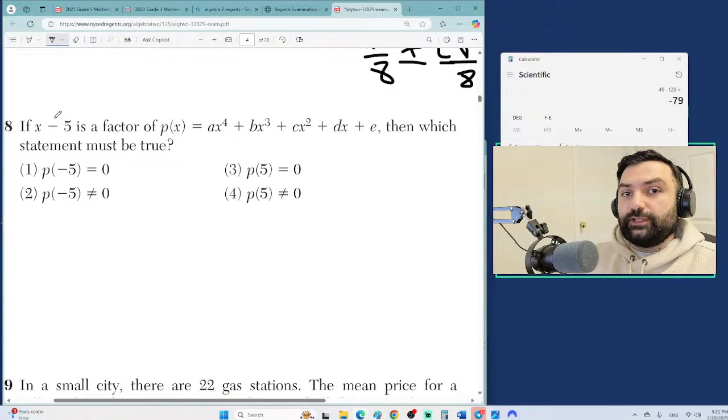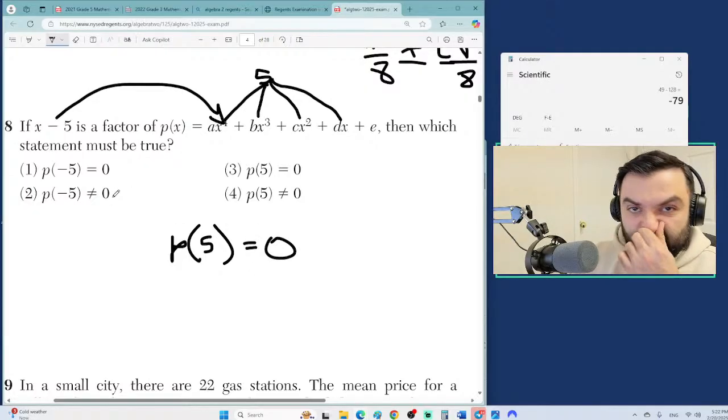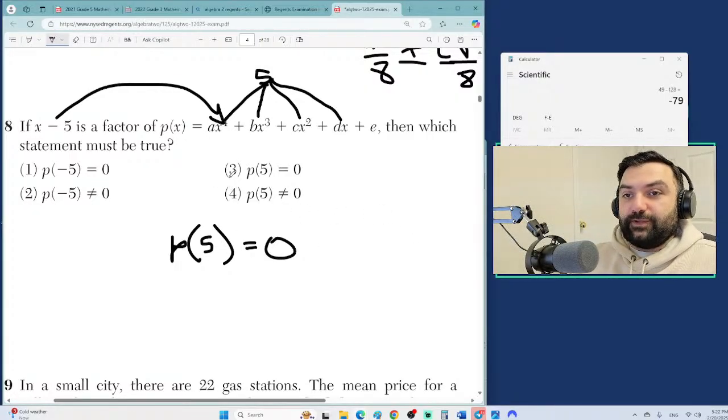It must be true that if you plug positive 5 into every x, the answer is 0. That's how it works. So that means p of 5, which means I plug in 5 for every x, equals 0, because it's a factor. If it's not a factor, then it's not equal to 0. But in this case, it is. It's a straight theory thing.